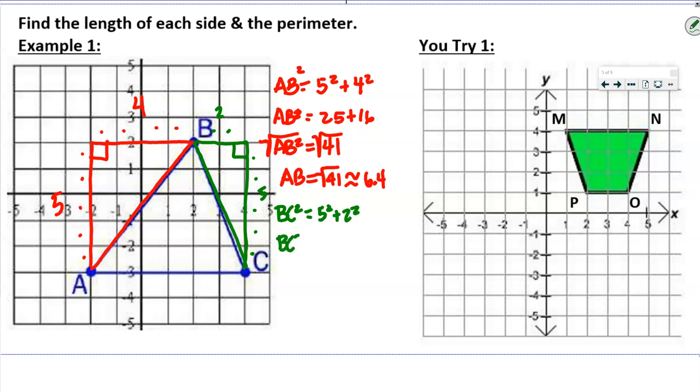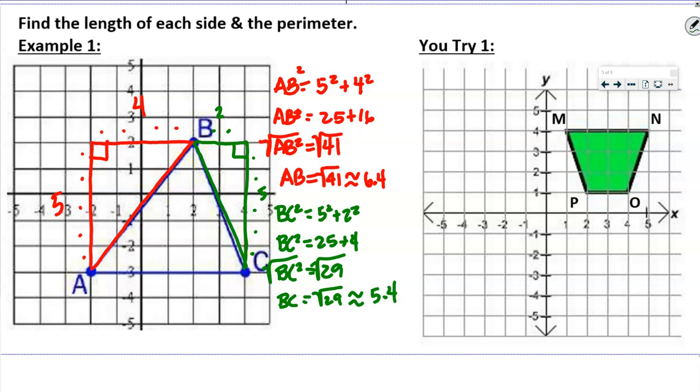So BC squared is equal to 25 plus 4. So BC squared is equal to 29. Again, must take the square root of that. So BC is equal to the square root of 29, which is approximately 5.4.